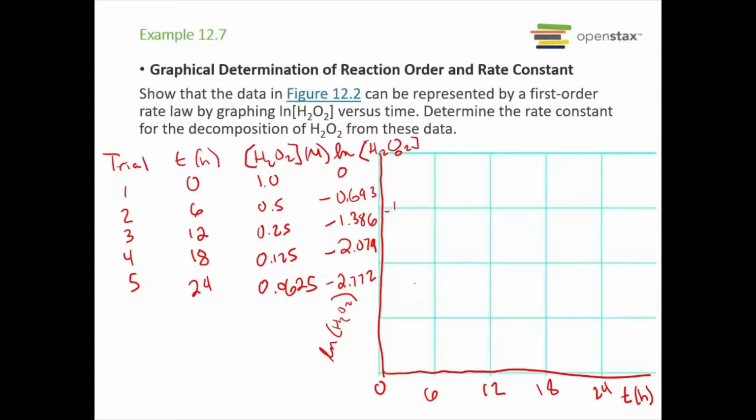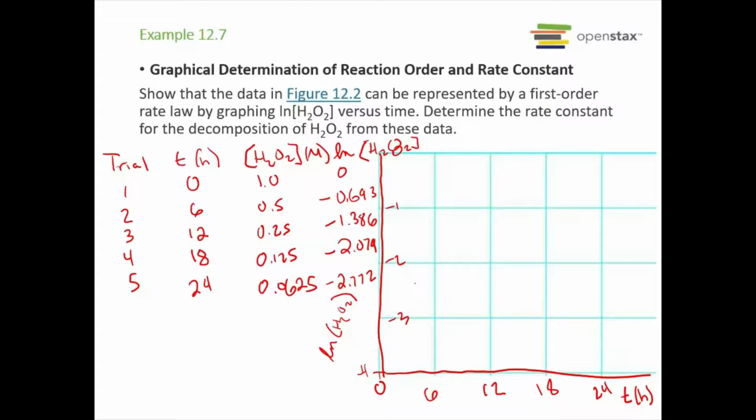It's not usually good to do what I'm doing here, so do as I say, not as I do, but I don't have room to do it on the outside. 0, negative 1, negative 2, negative 3. So that means on my y-axis here, crossing at 0 is negative 4. It doesn't matter where you put your axes. You don't always have to have your axes going at 0, 0.